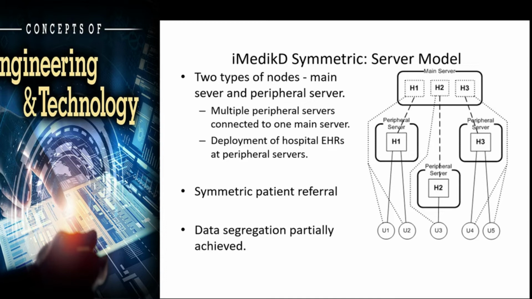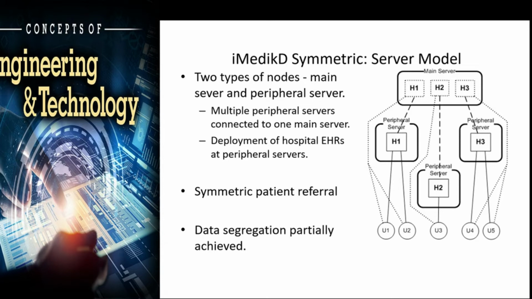The peripheral servers will have the different users. So we have multiple peripheral servers which will be connected with the main server. When you deploy in this way, all the information, the electronic health records, will be at the peripheral server, and the information will be shared with them.